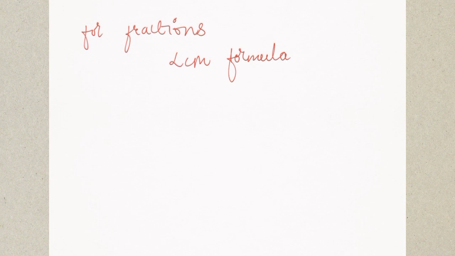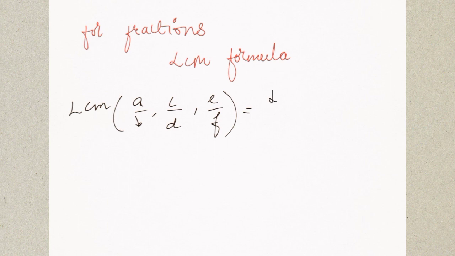If somebody has asked you to find out the LCM of, suppose, A by B, comma C by D, comma E by F, how will you find it? You don't know, right? So there is one formula for fractions. That formula is also very, very important, and you need to know that.